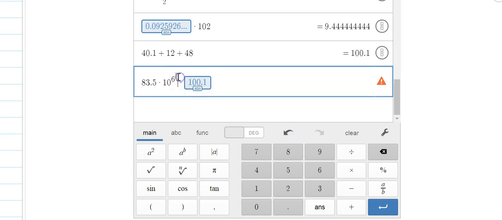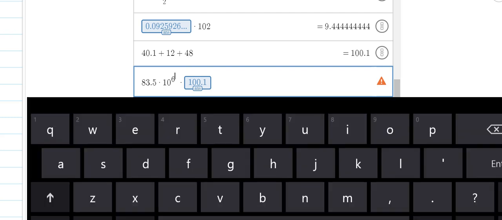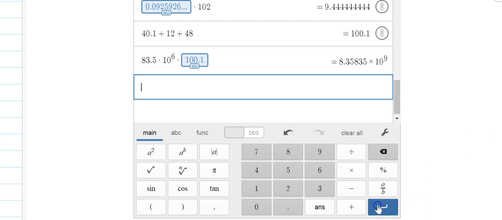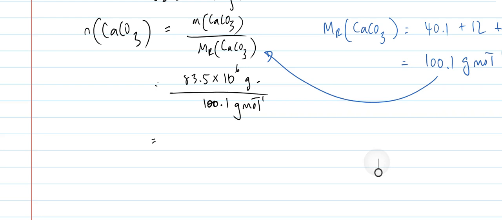Oh, syntax. Oh, hang on, yeah. I don't know how to get rid of that though. Backspace. I'll bring up this keyboard. Nice. Good solution. So it's 8.36. 8.36 times what?